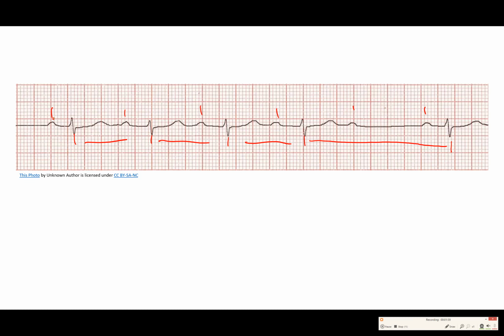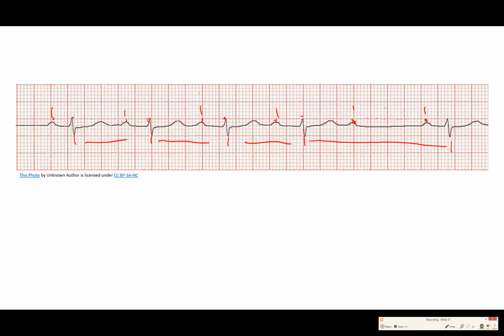So this P is followed by QRS, this P is followed by QRS, this one here okay, this one here okay, this one here we see there's no QRS, and then we get another P. So this is going to be a clue to what we're looking at.